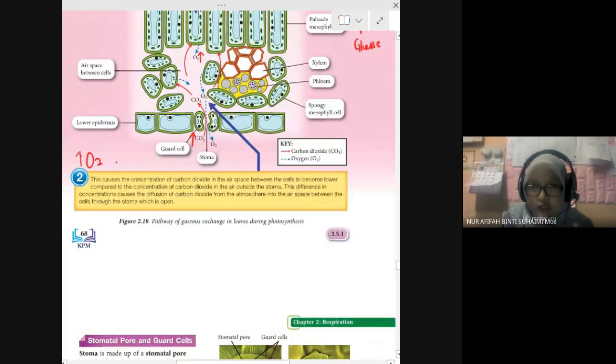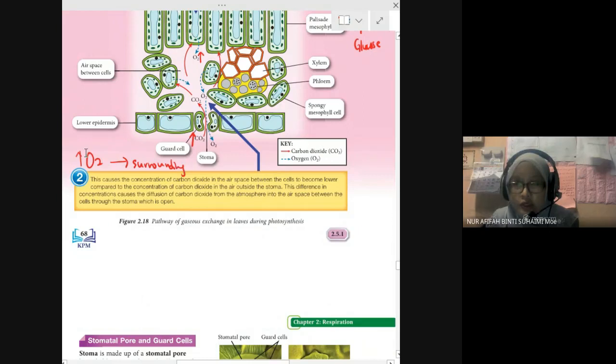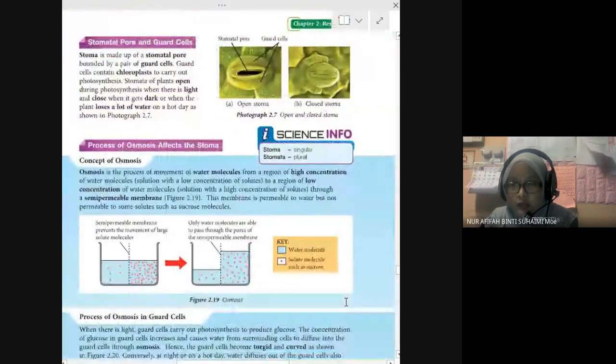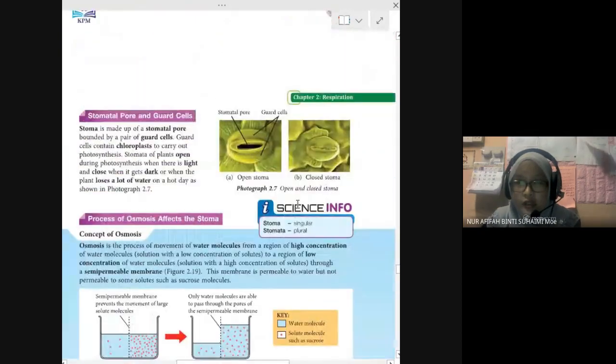Then this oxygen will be removed through the stoma to the surroundings, for humans or animals to use this oxygen produced by the plant. Okay, this is the function of stoma.